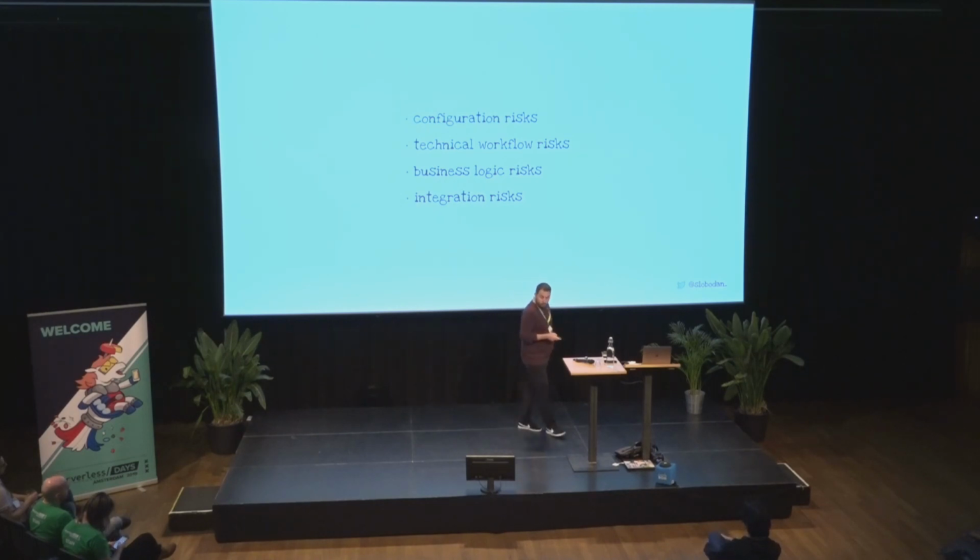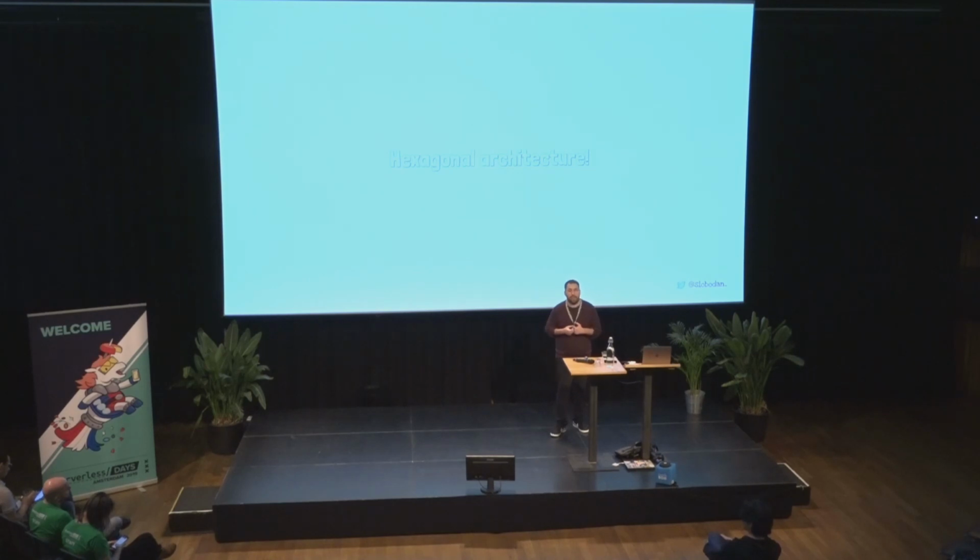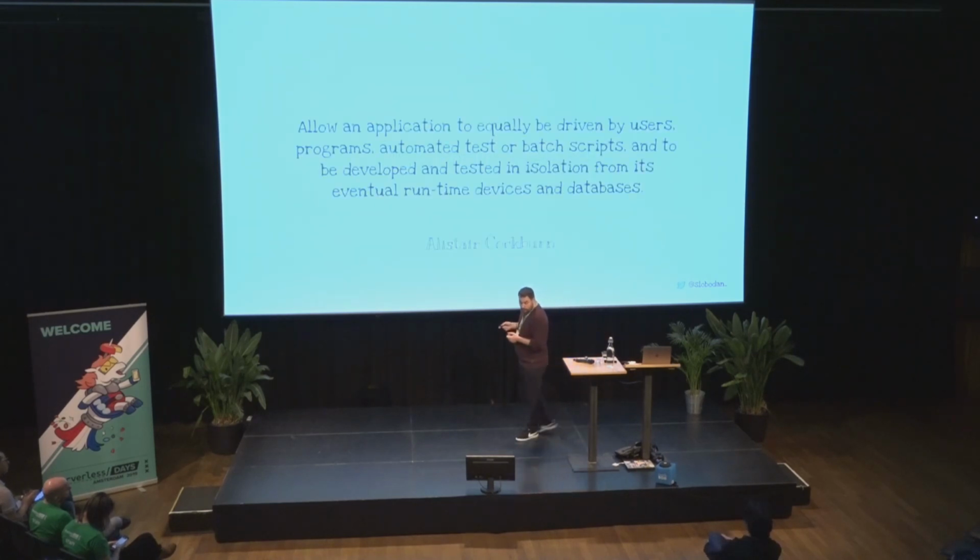So in order for Alex and his team to be able to think about all those risks and to test against them, they're using a thing called Hexagonal Architecture. The creator of Hexagonal Architecture, Alistair Cockburn, explains that Hexagonal Architecture allows the application to equally be driven by users, programs, automated tests, or batch scripts, and to be developed and tested in isolation from its eventual runtime.